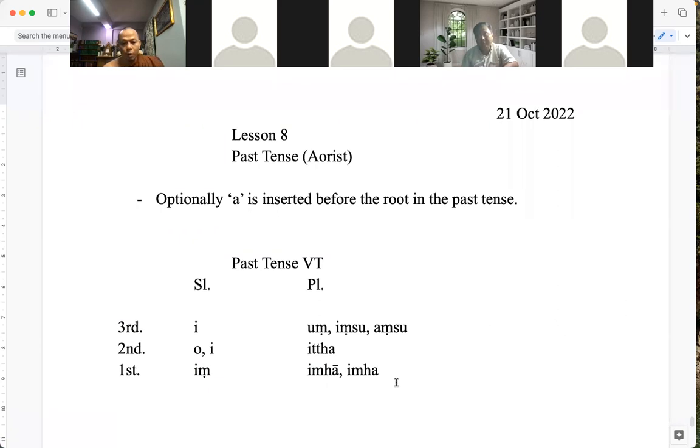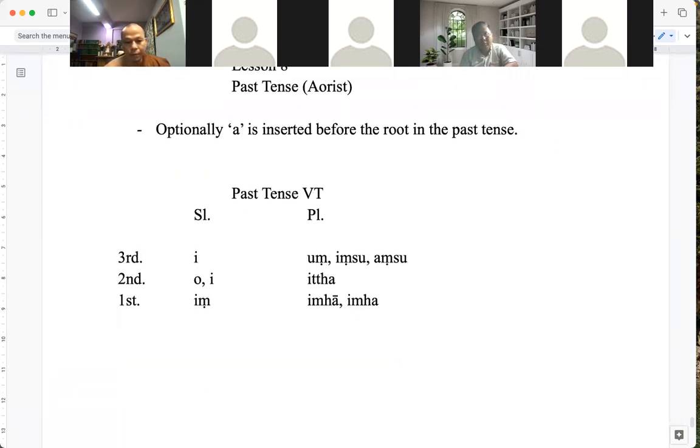To form the past tense, to the verb base we add the past tense verb terminations. So we have the past tense verb.